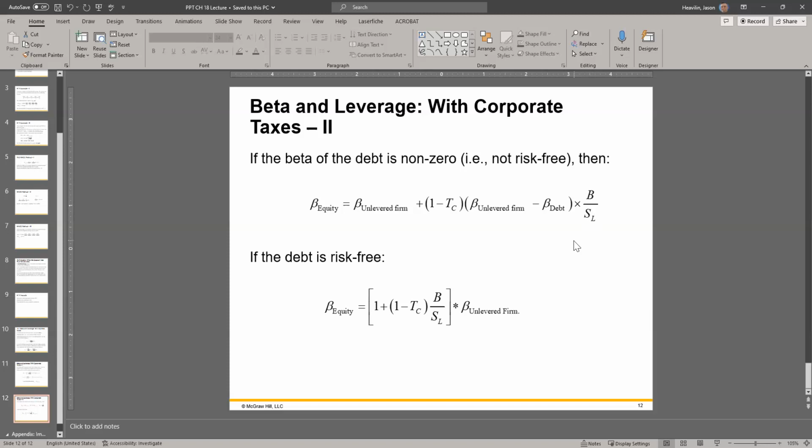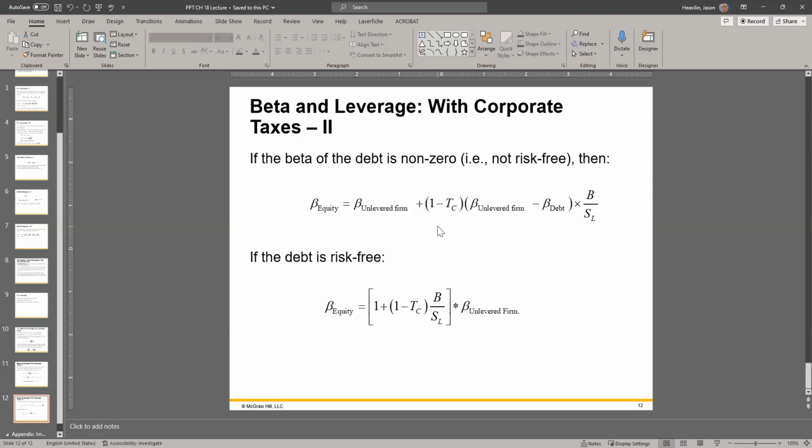There's the debt to equity ratio. The difference between the beta of the unlevered firm, which is just another way to say beta of equity on a firm without debt, minus the beta of debt. Now keep in mind, typically the beta of debt will be lower, so this number will be positive. And you got the tax shield there as well. But again, if you notice, this will be a positive number.